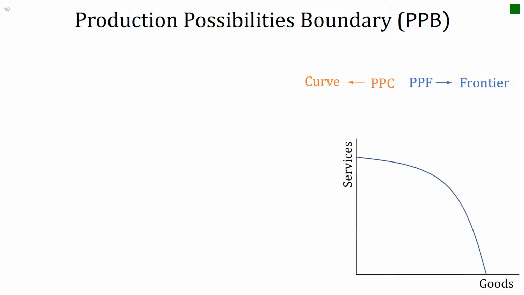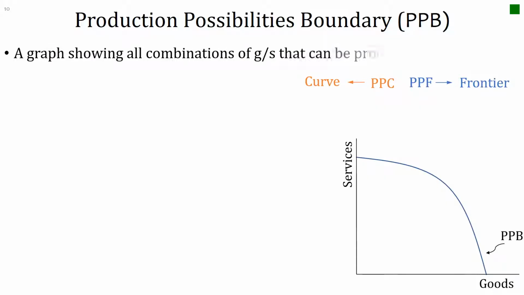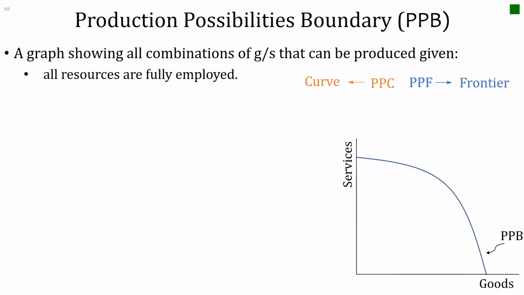That's based on increasing opportunity cost. I have goods and services as generic titles there. You could have any kind of two products on the two axes. So that's your PPB or PPC. That's a graph showing all combinations of goods and services that can be produced given all resources are fully employed and a constant level of technology.